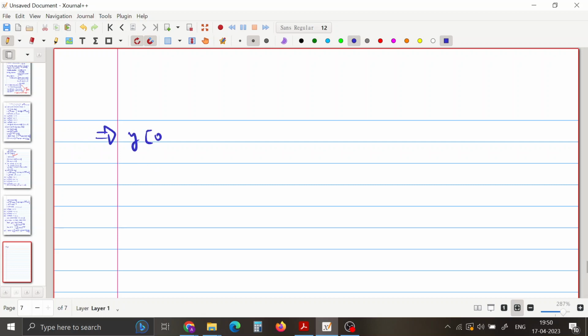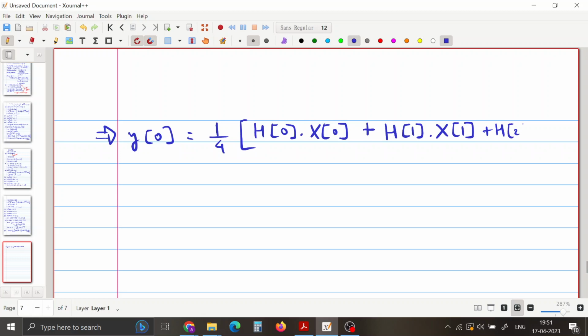So you get y of 0 as 1 by 4. What is capital Y of 0? Like we saw, it is simply the product of capital H of 0 and capital X of 0. Similarly, what is capital Y of 1? It's the product of capital H of 1 and capital X of 1, and again for the other terms also.